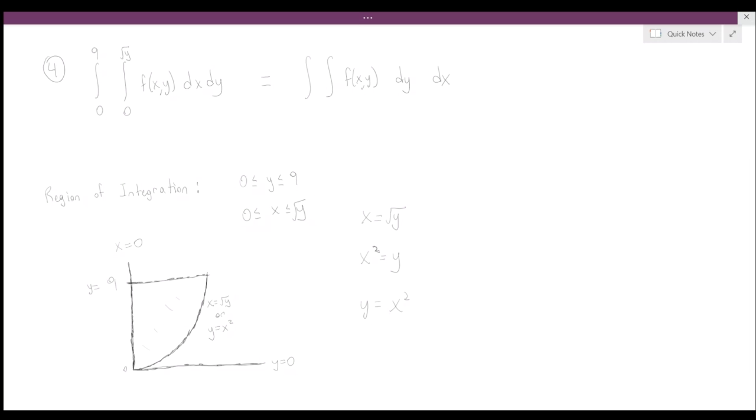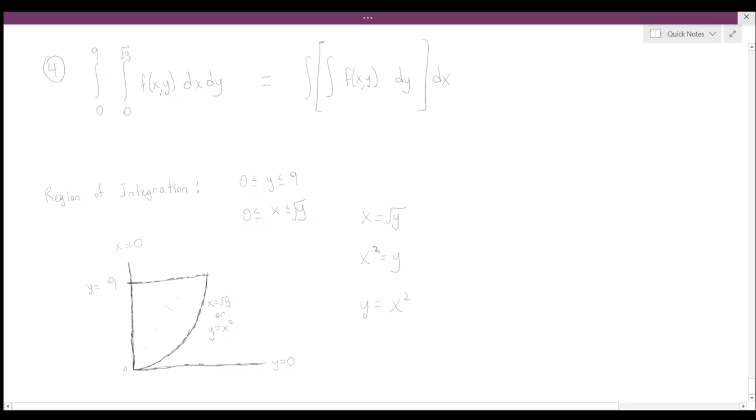All right. So once we see what the region of integration looks like, now I want to find what the bounds should be if I do y on the inside and x on the outside. So the way that I like to do this is I like to start with the outside integral.